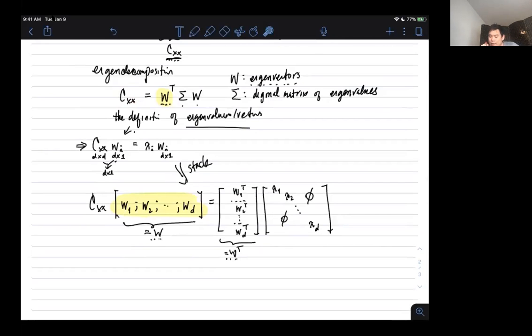And all those eigenvectors are orthonormal, meaning that the dot product between any pair of different eigenvectors is going to be 0. And if you compute the dot product of any eigenvector with itself, it's going to be 1. So that is what we mean by the eigenvectors are orthonormal.